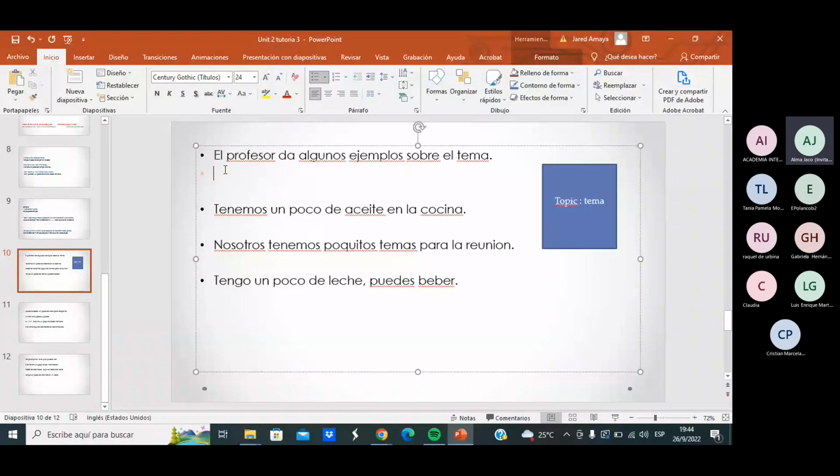Teacher, give any examples about the topic. Okay. The teacher give any. Any, you said, right? Dijo any, ¿verdad? Yes, there is many examples.